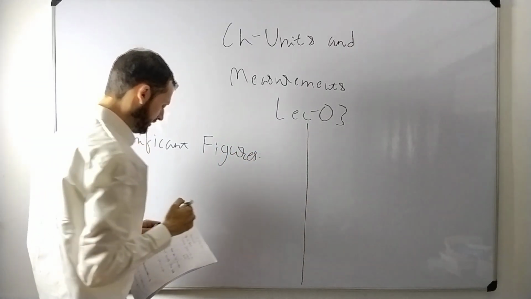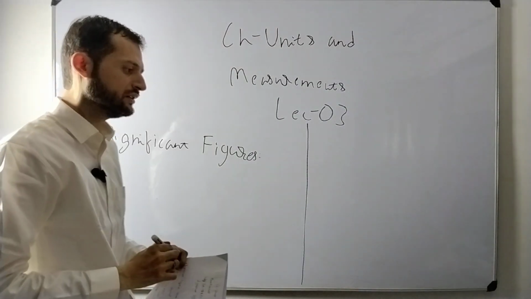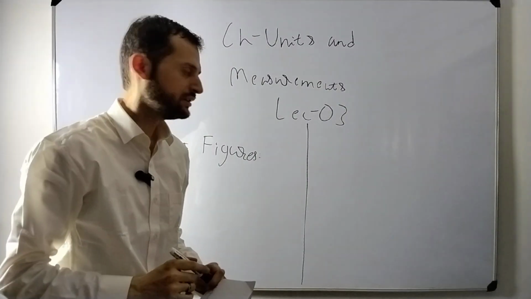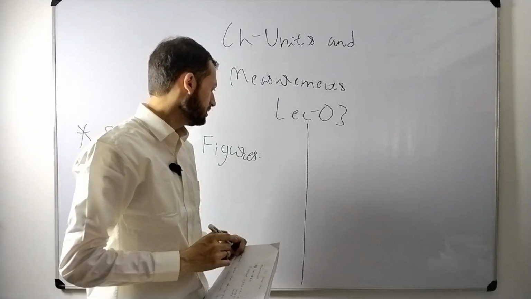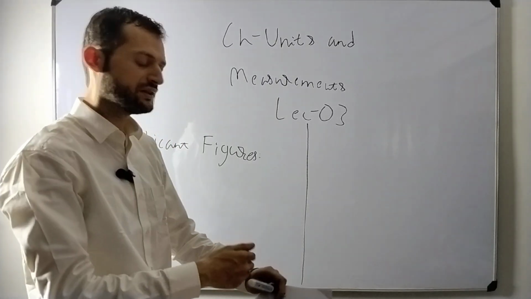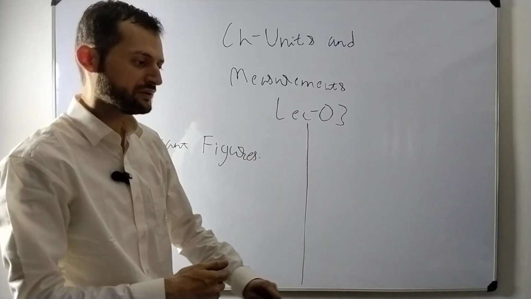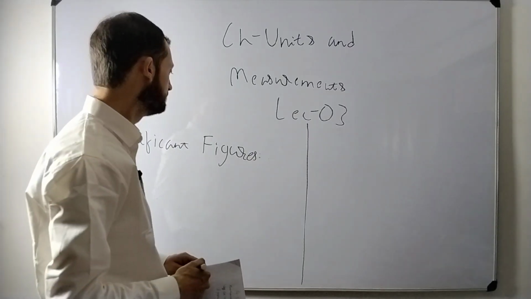So the background story of significant figures is that while doing a measurement, you want to know what significant digits the observation has. Okay.